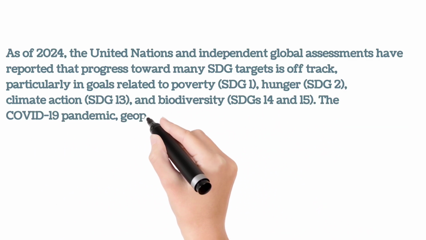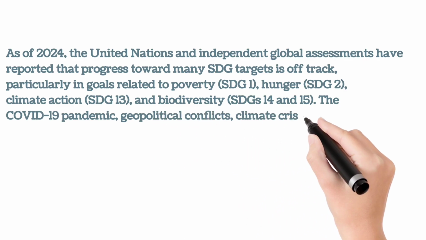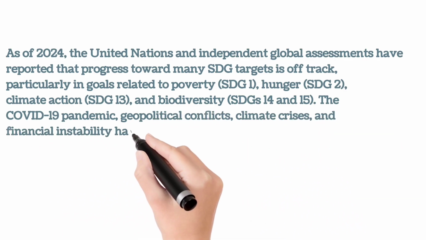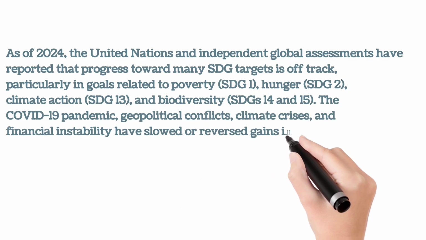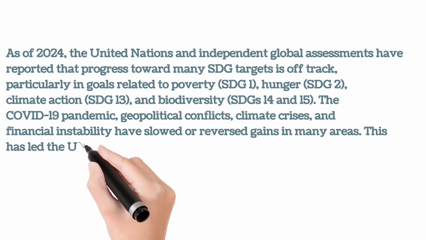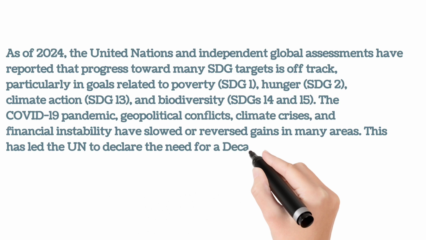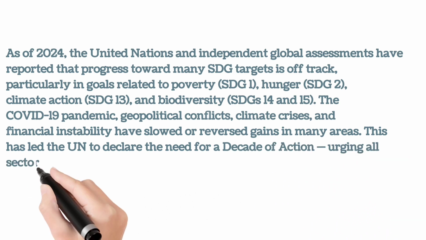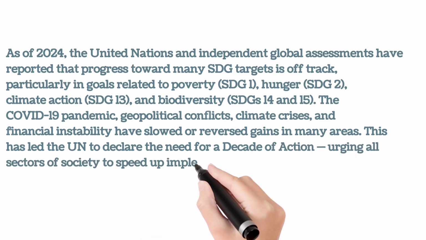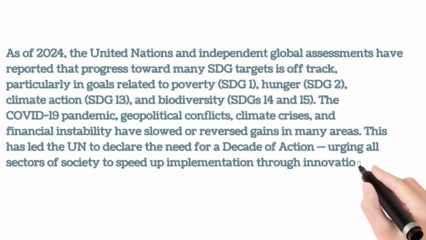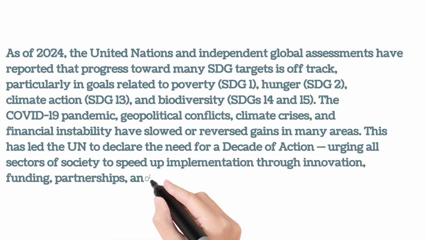The COVID-19 pandemic, geopolitical conflicts, climate crises, and financial instability have slowed or reversed gains in many areas. This has led the UN to declare the need for a decade of action, urging all sectors of society to speed up implementation through innovation, funding, partnerships, and people-centered policies.